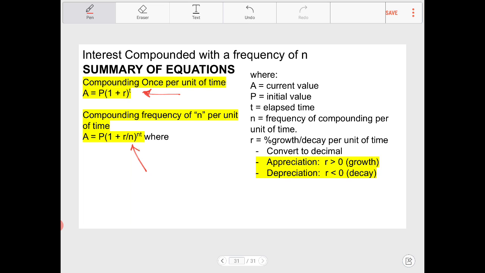The idea is we're taking the percent growth or percent decay per unit of time and subdividing it even further, increasing the number of times that the object is going to grow or decay. As a result of doing so, the overall end result is going to end up being higher than if we were to compound at a smaller frequency.